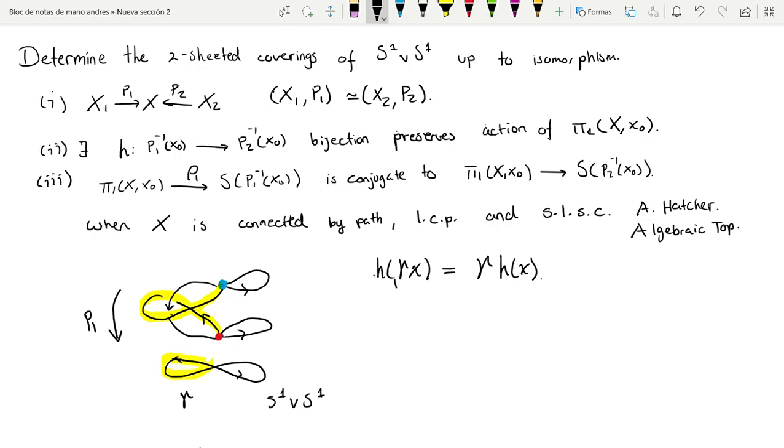So here, gamma acting on x, we mean the action that p sub 1 induces on the fibers. And if we have, like in this sentence, another covering p sub 2, let's say we have another thing over here, then the action over here is the one induced by p sub 2, right? So this means that h preserves the action of the fundamental group, right? Okay, let's move on.